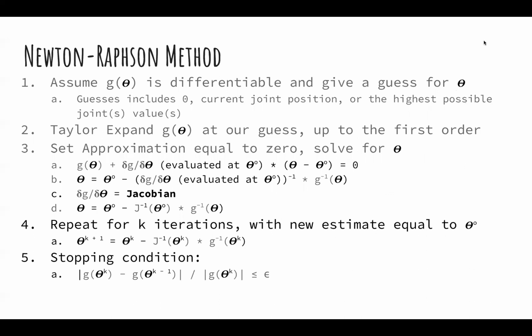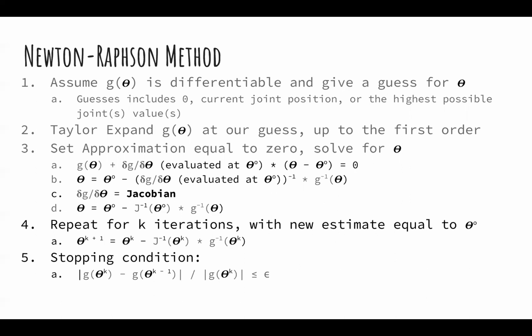One such approach is using the Newton-Raphson method. We can first assume that g of theta is a differentiable function, and we'll give an initial guess for theta. Some good initial guesses might be 0, the current joint position, and the highest possible joint values for each joint.